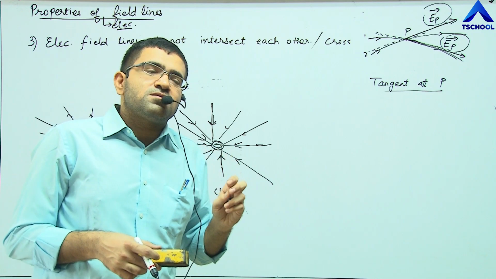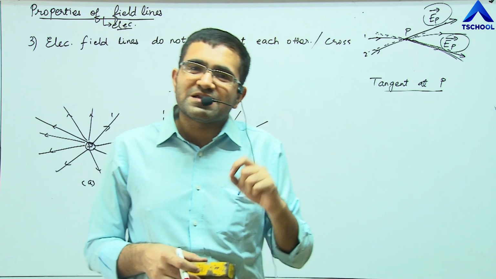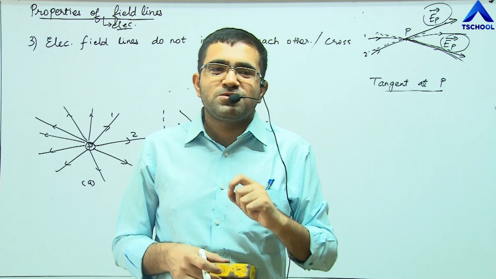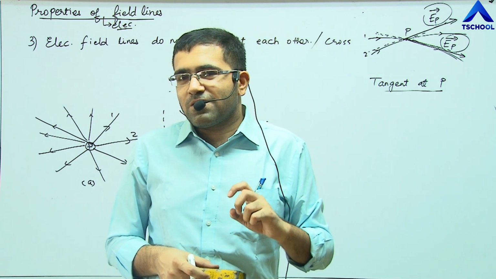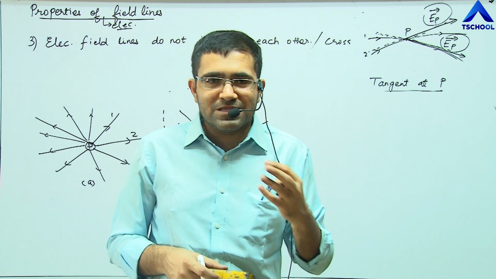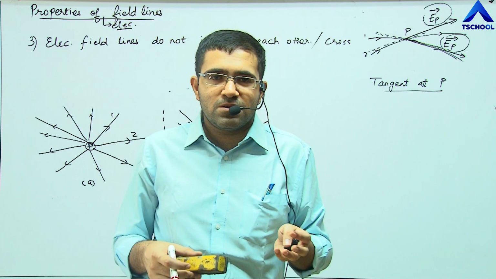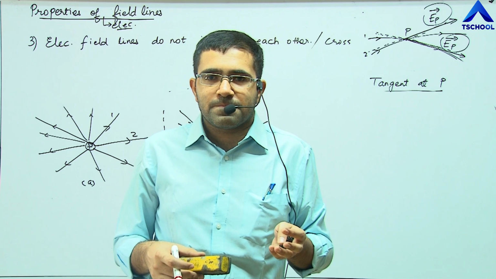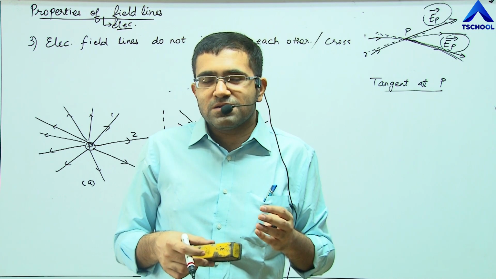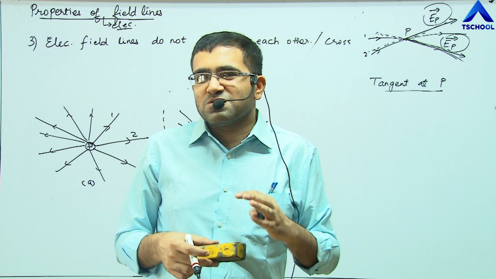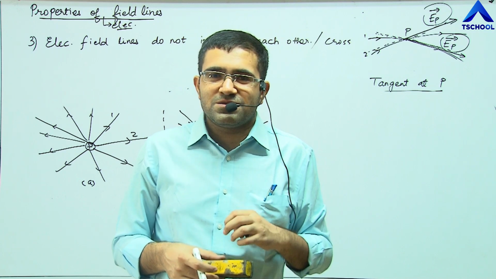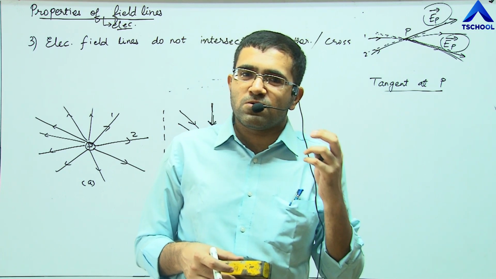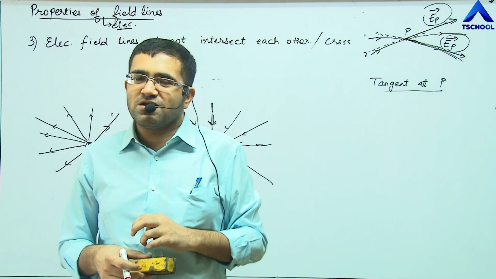Again, I'd like you to recall that electric field lines are an imaginary concept. There are no lines drawn like this anywhere by nature, okay? But like I've said, it's a very useful idea, just like thinking about the equator on Earth is a very useful idea.